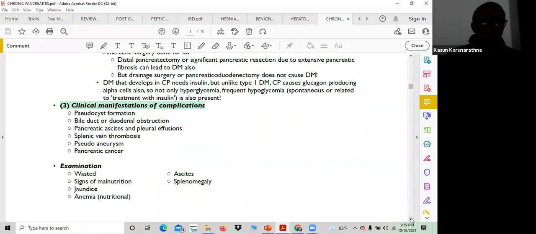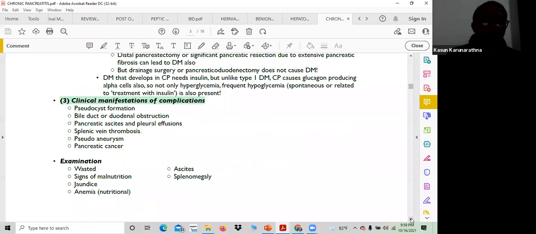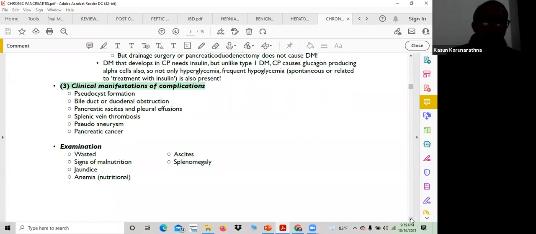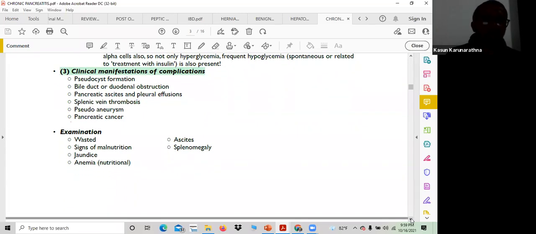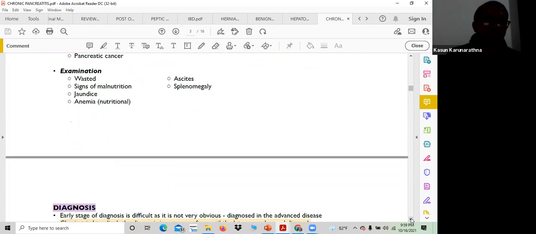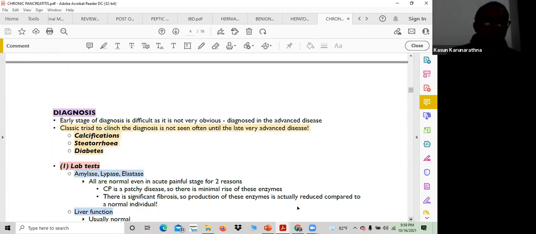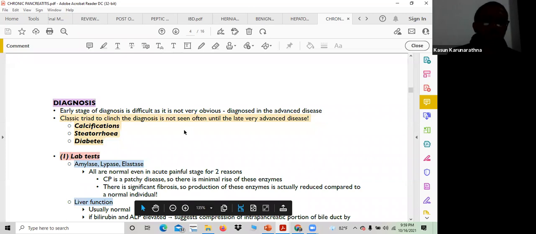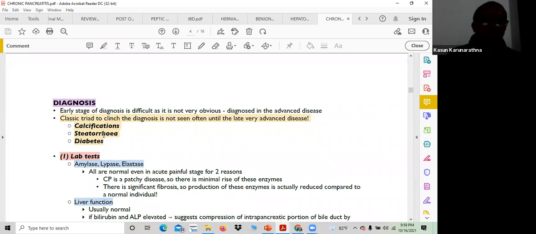Clinical manifestations of complications: there can be pseudocyst formation, bile duct or urinary obstruction, pancreatic ascites or pleural effusion, splenic vein thrombosis, pseudoaneurysm, and pancreatic cancer. The classic triad to clinch the diagnosis, calcifications, steatorrhea and diabetes, is not seen often until the late, very advanced stage.